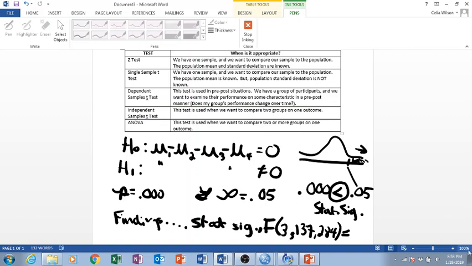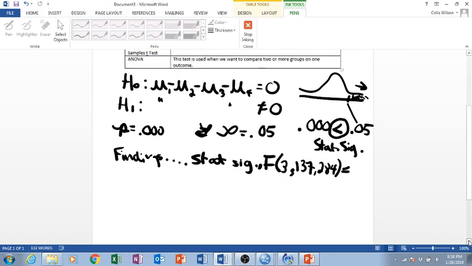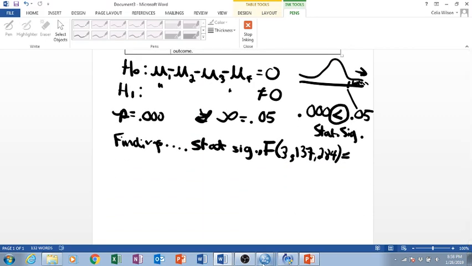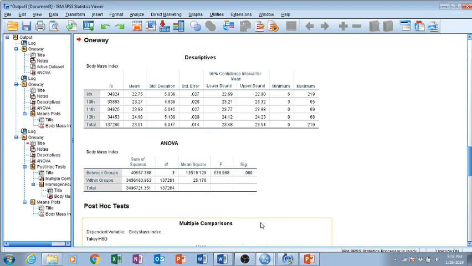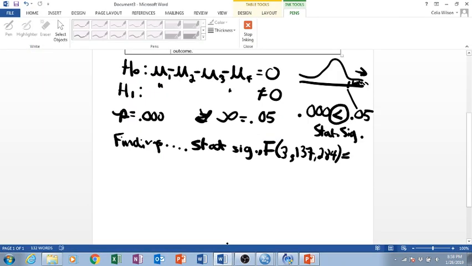equals, let me scroll down a little bit, equals that giant F value. Remember what it was? I don't. It was 530, let's just say 537. Let's round up. 537, and then P equals 0.000, right? So we did find statistical significance.